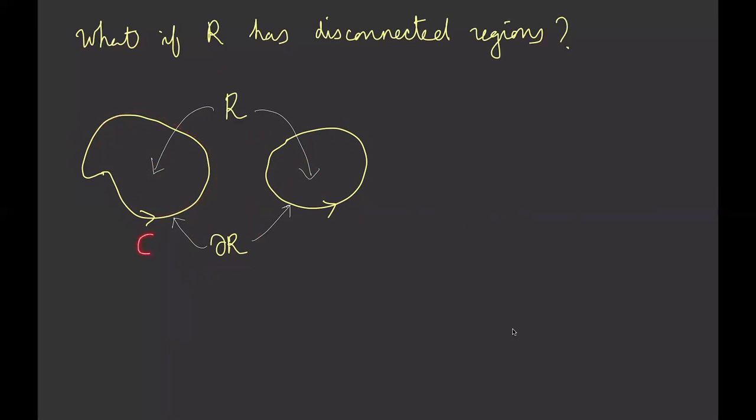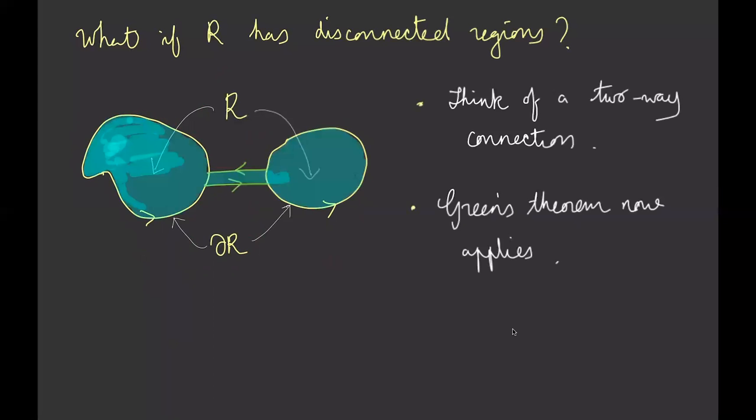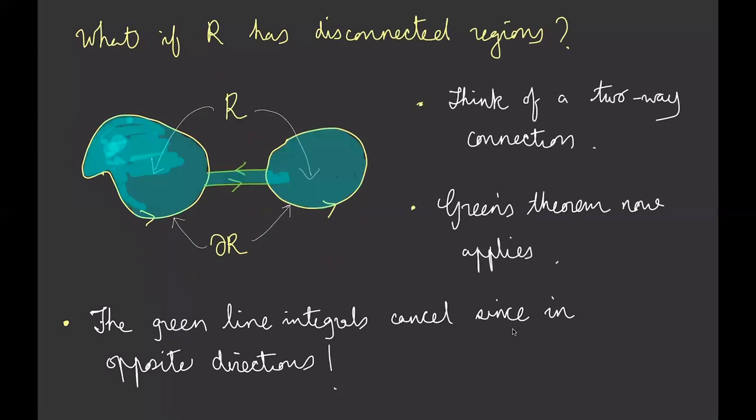So you can do this curve, we can call it C1 and C2 perhaps, and you can add those two things together. So that's pretty neat. So this is what I said: the green line integrals cancel since they're in opposite directions. Okay, so if R has disconnected regions, we're in business as well.